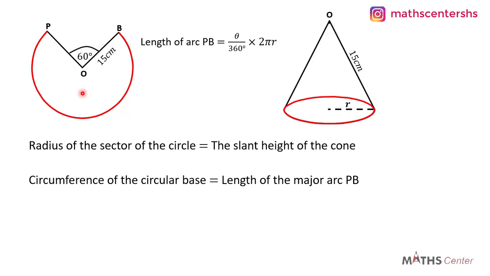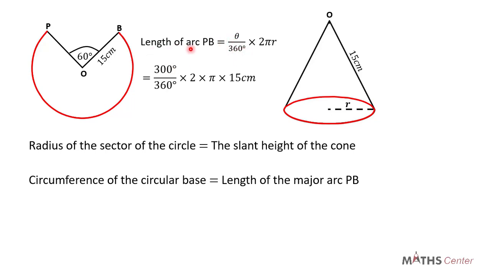The total angles in a circle is 360 degrees. So if 60 degrees has been cut off, then the angle of this sector is 360 degrees minus 60 degrees, which is 300 degrees. So here, theta is equal to 300 degrees.